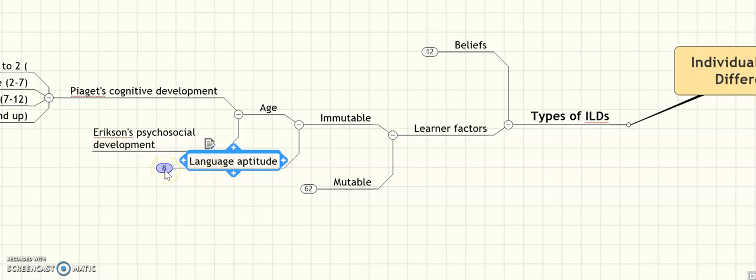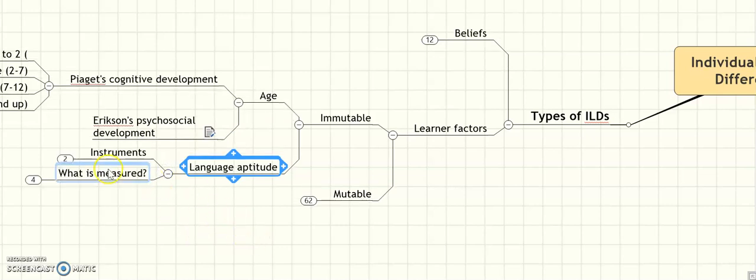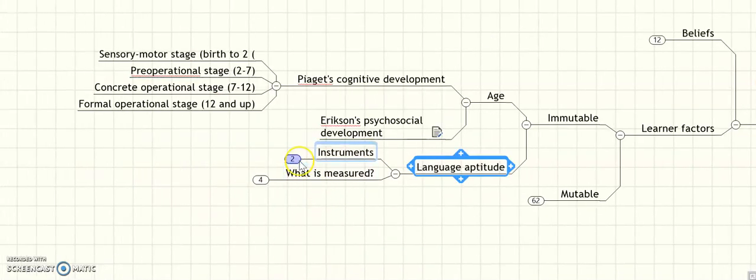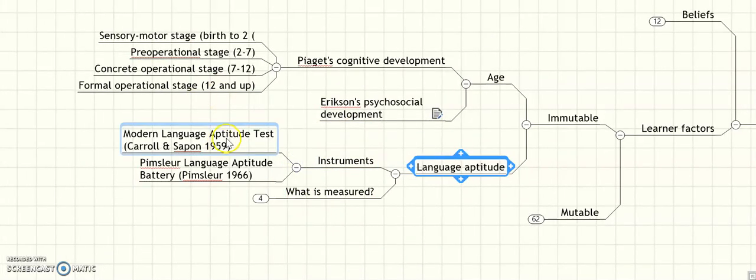We have different language aptitudes, and that's why our progress in learning a language might be different. Can we assess language aptitude? Yes. We can assess language aptitude using certain tests. You may browse the internet for instruments to assess language aptitude.